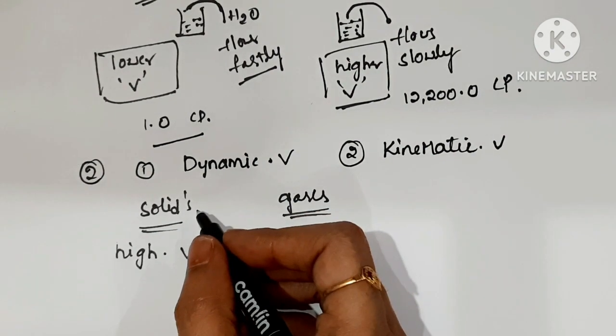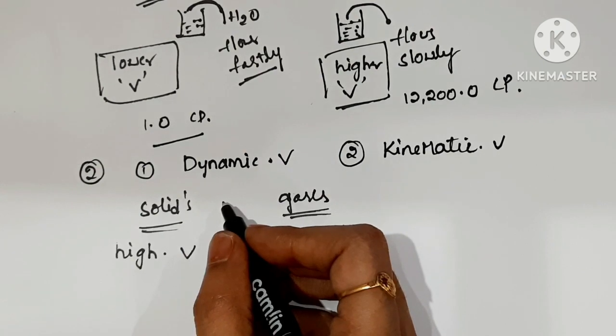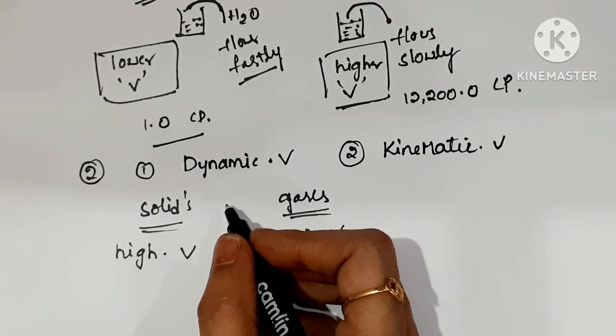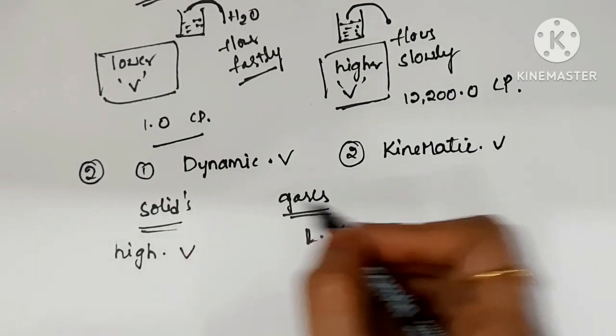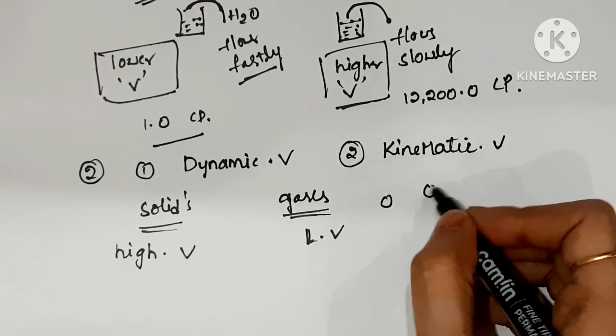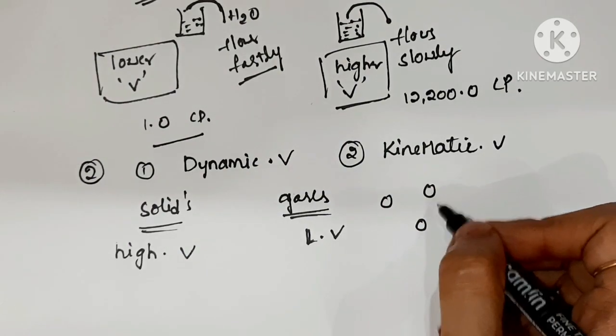In solids, generally molecules are closely packed, placed together with each other. Whereas in gases, the distance between the molecules is very high.